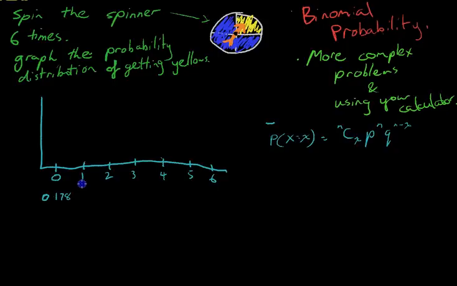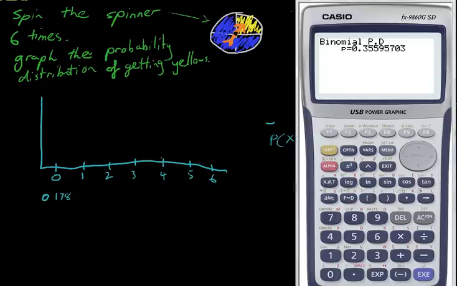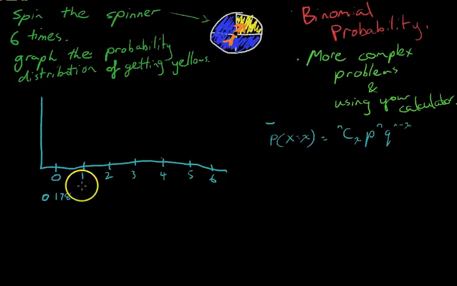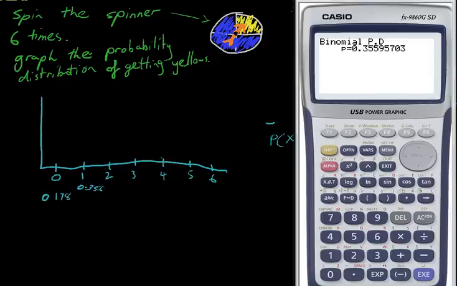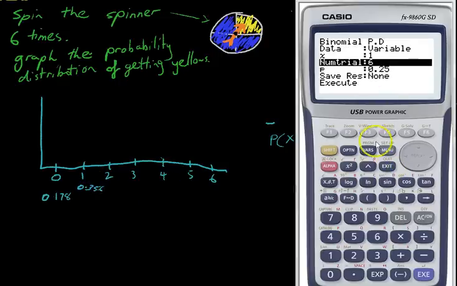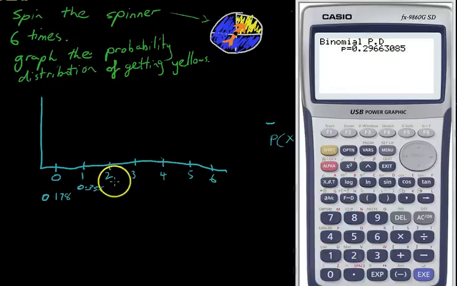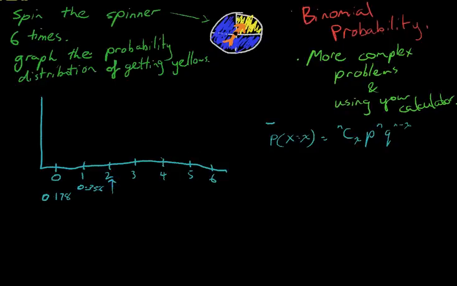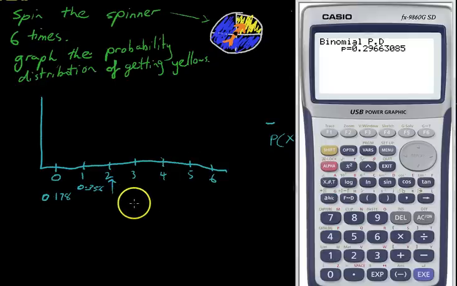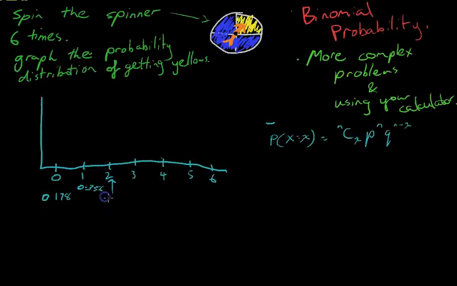Now the probability of getting 1 success is 0.356. I'll graph this in a minute. Back. Okay, you're getting the basic idea. Probability of getting 2: 0.297.